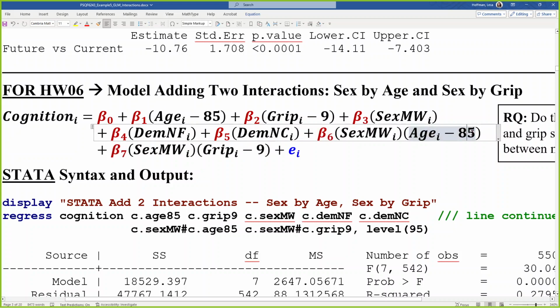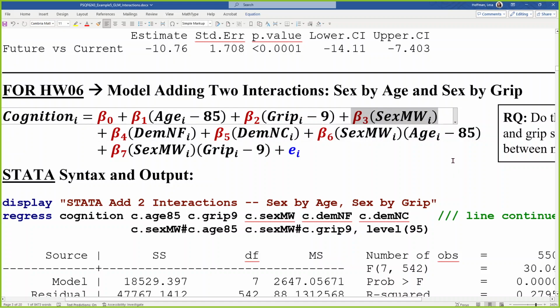Note that it's the centered versions that are being used here, so it all is internally consistent. I'm showing the centering in the equation so that I know, based on just looking at this, what everything means. So for instance, this is my gender effect, right? No, this is the gender effect conditional on the variables that it's interacting with being 0.